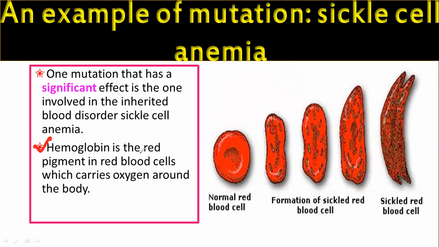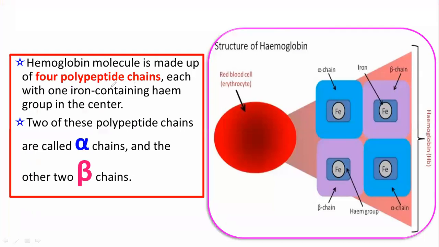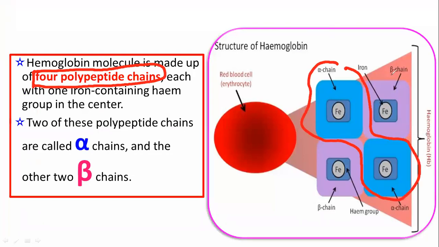So what is hemoglobin? That's a red pigment which carries oxygen around the body. We'll discuss it later in the chapter called transport in mammals. It is very much present in this biconcave disc-like structure. Hemoglobin is made up of 4 polypeptide chains: 2 alpha and 2 beta chains.